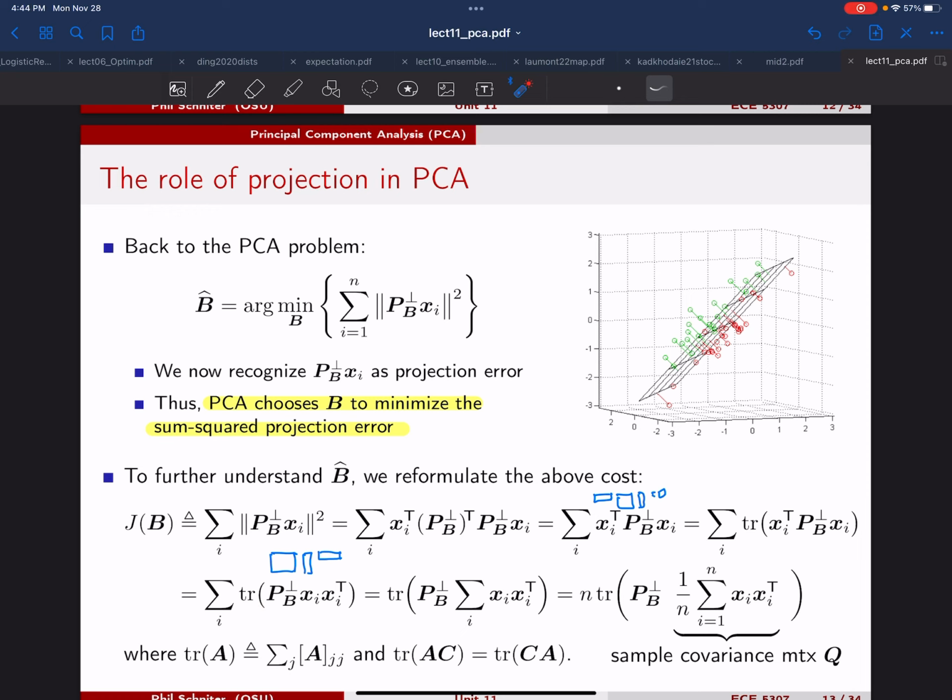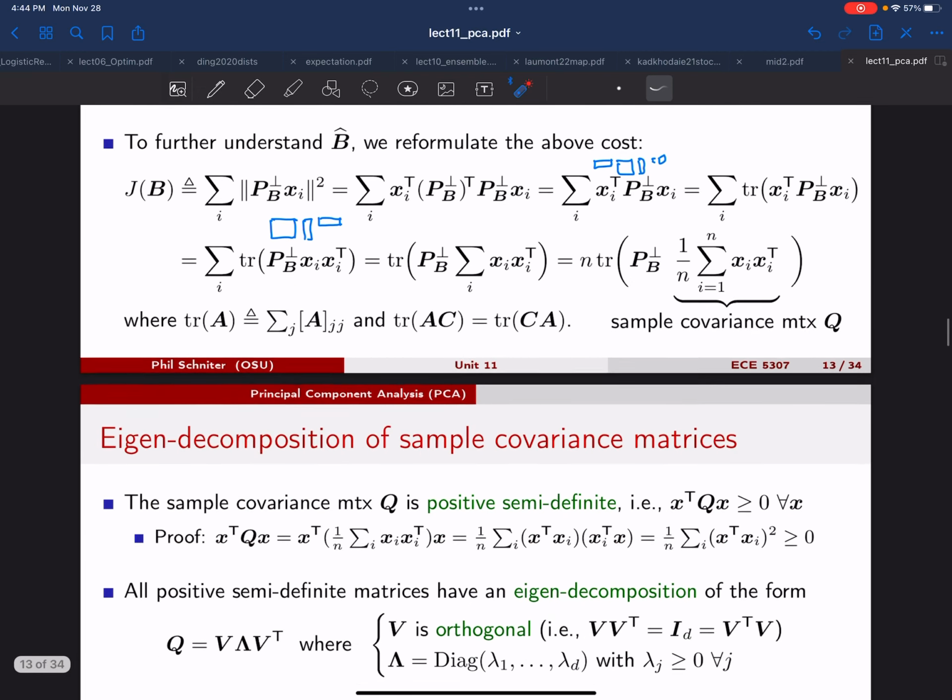In fact, we can move the sum through this multiplication by PB perp, and now the sum is sitting right in front of our xi transpose, and we can also sneak in a 1 over n there if we put an n on the outside, and all of a sudden we see that this is our covariance matrix, Q. Okay, so we've finally written this cost in terms of the covariance matrix Q and this orthogonal projection matrix.